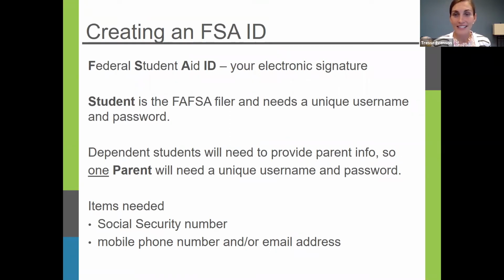The reason we see this as the trickiest step is because in real life, it's unusual for the student to sit down and work on their FAFSA by themselves, start to finish. And it's also unusual for a parent to sit down and work on the FAFSA, start to finish, because everybody has lots going on, and the mom's trying to do this, and the dad's trying to do this, and things get mixed up.